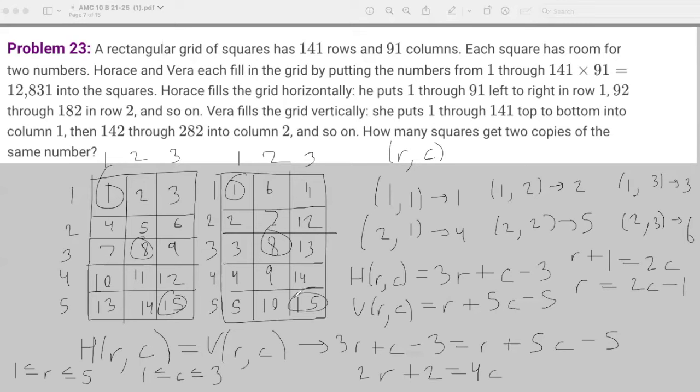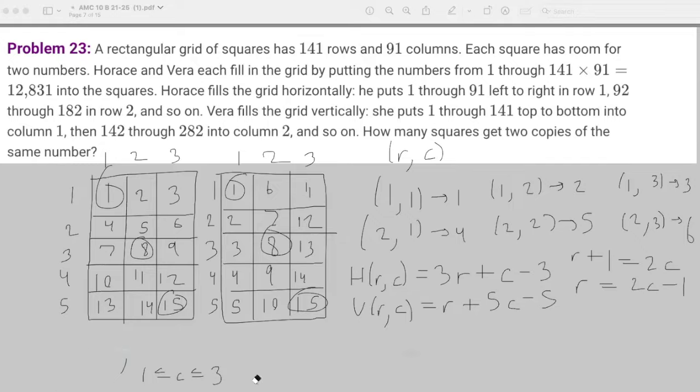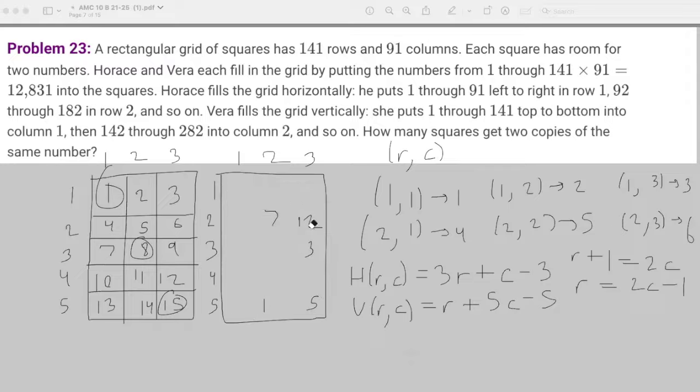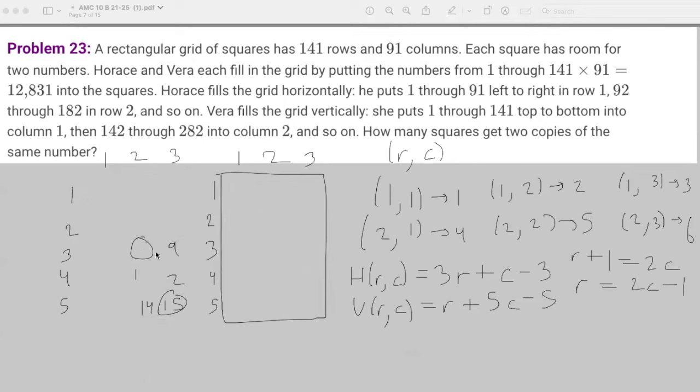So now that we have done this method for 5 and 3, hopefully you can see how to solve it also for the 141 and 91 case. So let's try that now. We're only going to need some minor adjustments to the formulas. Let me erase everything in the box, because there are no longer just 15 numbers in the box, but you can imagine those numbers in the grid still being there.